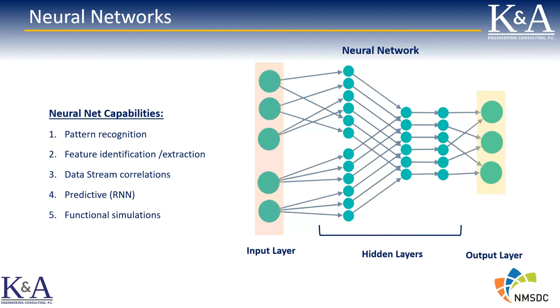Networks can also be predictive, and they can be used to functionally simulate basically any real-world function. They consist primarily of neurons. The green circles are neurons that are connected by links.